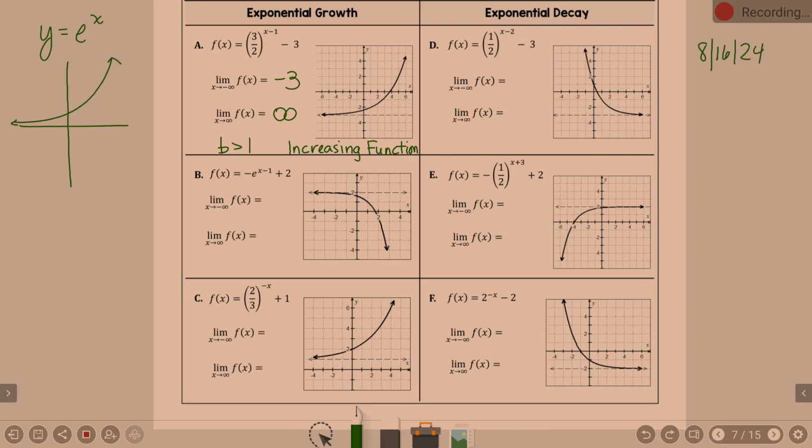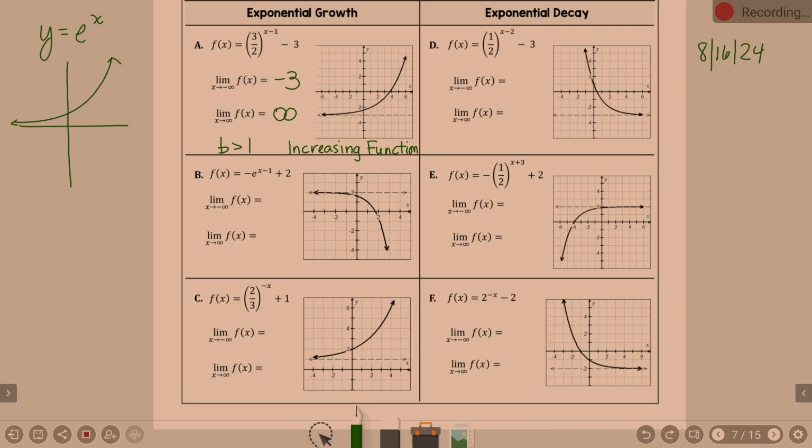Let's see, I guess we're going down the page, aren't we? If we go in order, B. Look at some of the pieces here. You've got negative e to the x minus 1, plus 2. Well, the minus 1 moved it right 1. You can't really tell left or right that little.